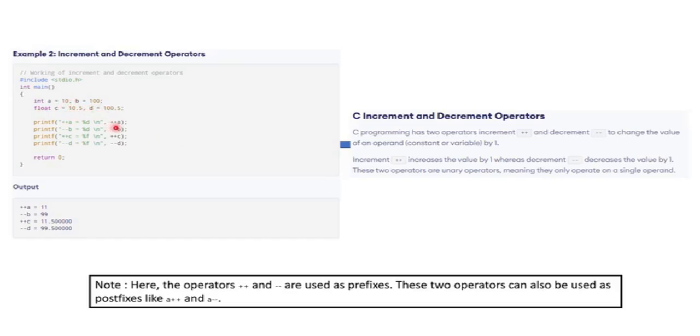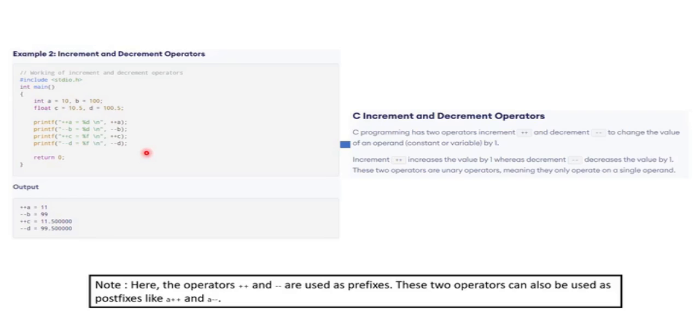Plus plus a will increase the value of a by 1, so the output will be 11. But b equal to 100 and minus minus b, this decrement operator decrements the value of b by 1, so we get the value as 99. Both increment and decrement operators increase or decrease the value of the variable by 1.